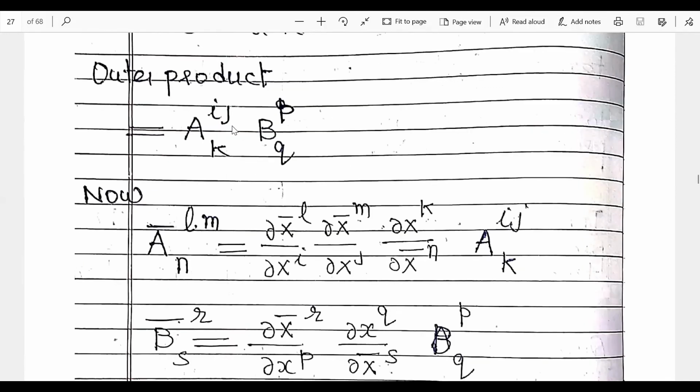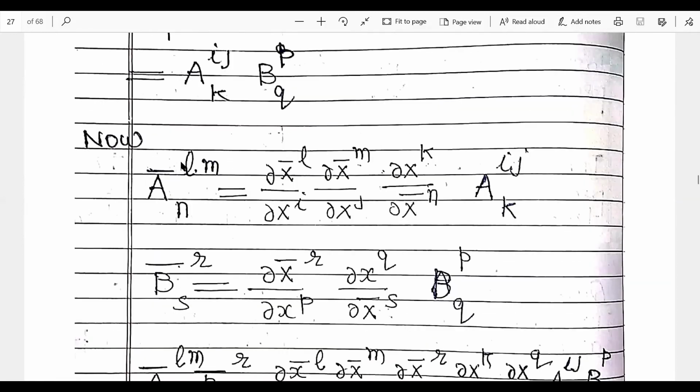Now if we take these terms in bar coordinates, first we take A bar. You can choose any variables different from i, j, k, p, q. So here I take A bar^{lm}_n and B bar^r_s, which are related to these.